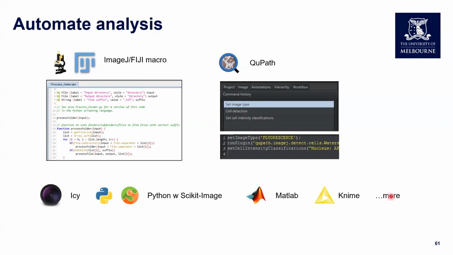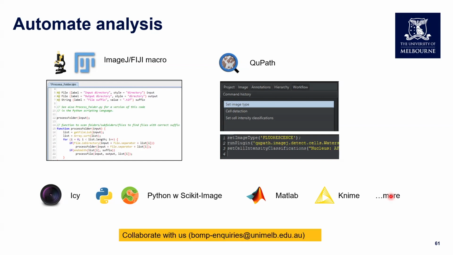There are a lot more. So it is good to have these many options, but at the same time, not every biologist needs to be a programmer. So if you'd like to automate your analysis or get further help on image analysis in general, you can of course first contact your local image analyst, or you can also collaborate with our platform.